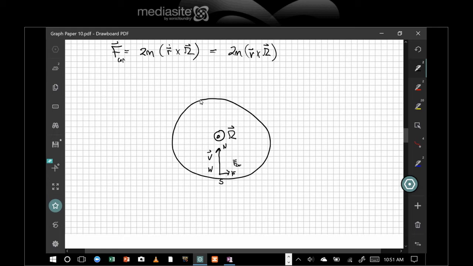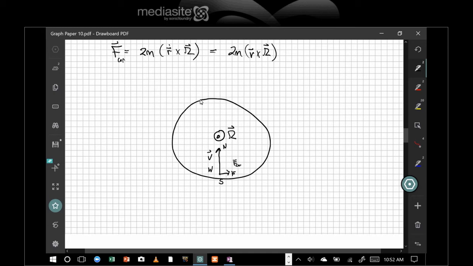Omega is a small number. Omega squared is an even smaller number than that. So even in the Earth's reference frame, I'm not going to feel this centrifugal term. Even large scale things like hurricanes and cyclones aren't going to see this centrifugal term because it depends on omega squared, which is a really small number.